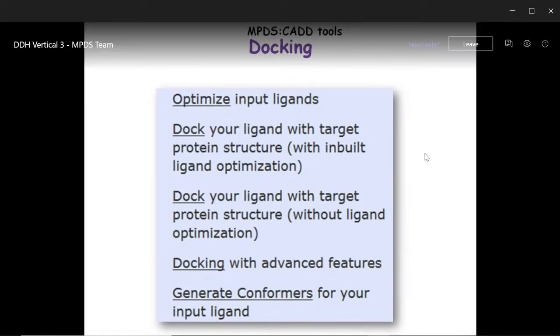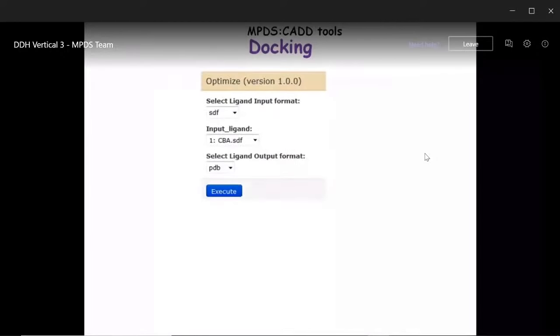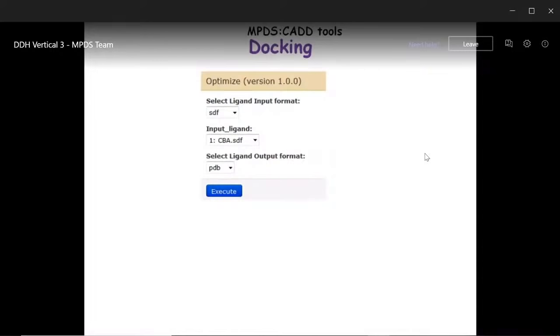First you can optimize your ligand. Then you can perform docking without optimization of ligand or with optimization of ligand. Then you can choose the docking with advanced features, and you can also generate conformations of your ligand to perform docking. If you go to our web portal, you will see the optimization option.